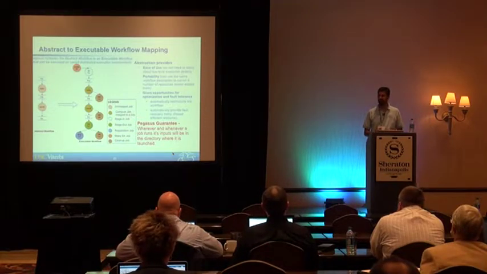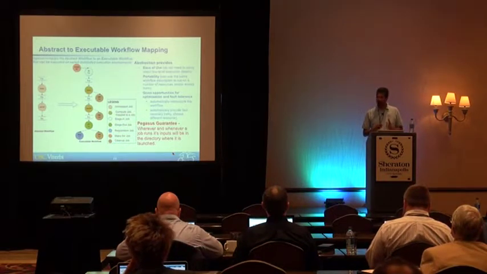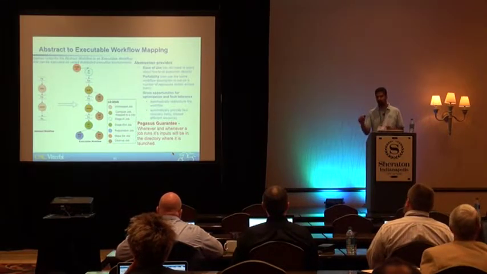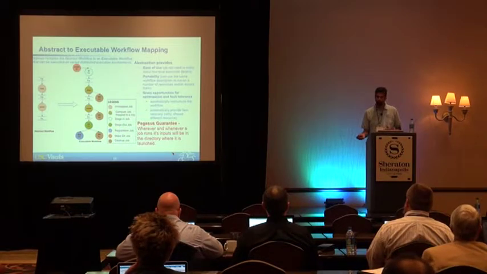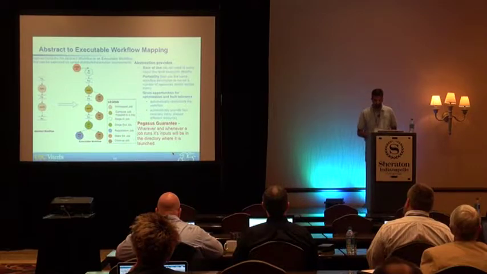So let's say you're running on a cluster where there's no shared file system. It's Pegasus' job to figure out that when your job launches on a worker node, how do the inputs appear? Whether we do it through job wrappers or lightweight Pegasus instances, that's hidden from the end user.